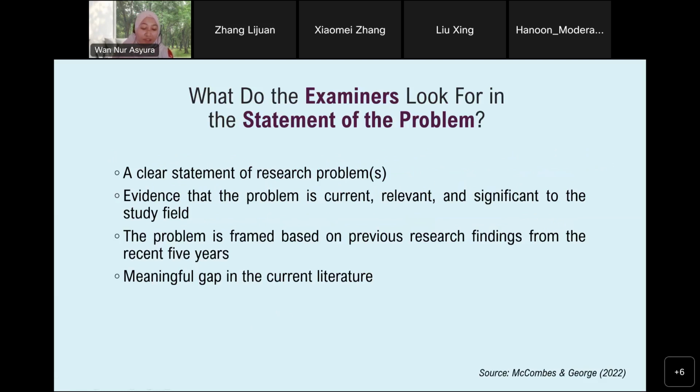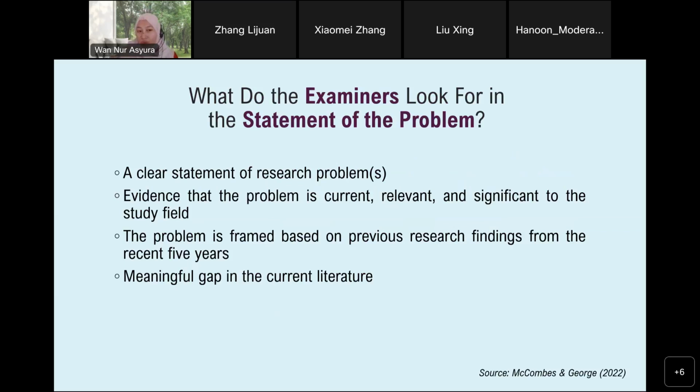When I read the statement of the problem section, first of all, I will look for a clear statement of research problems. I will show you in a bit an example of a clear statement of research problems. Because I'm only given 25 minutes, I have to be quick, but you can always ask me questions after this.